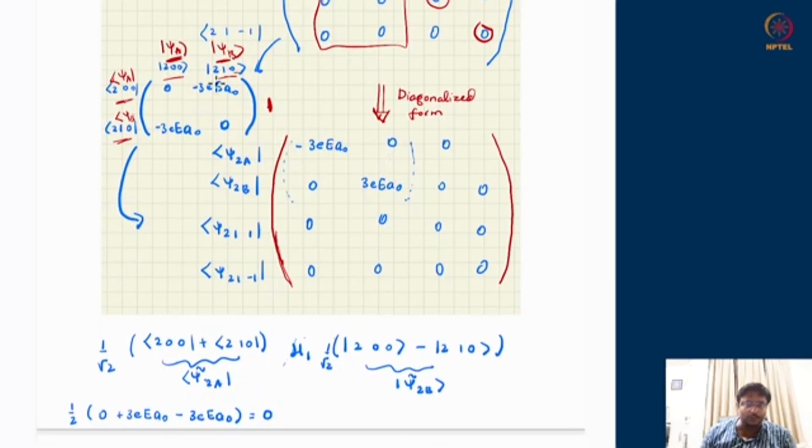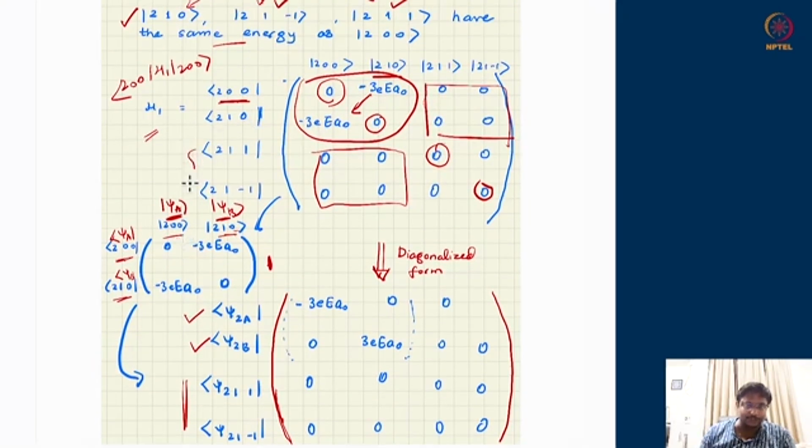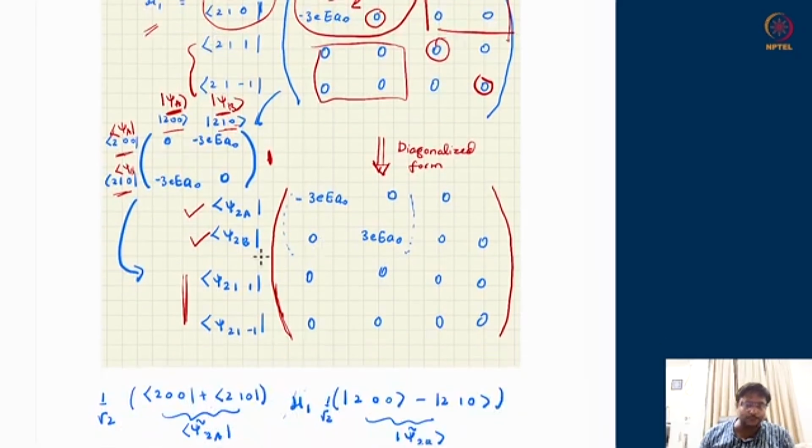Actually, this 2 cross 2 dimensional Hamiltonian can be diagonalized in a new basis called psi 2a and psi 2b. The other two-dimensional subbasis did not need to be changed because the Hamiltonian was already diagonal in this subspace. Only where it was not diagonal is across this and across that. So I have changed those two states to psi 2a and psi 2b. This is also psi 2a, this is also psi 2b. Other things remain as they were.